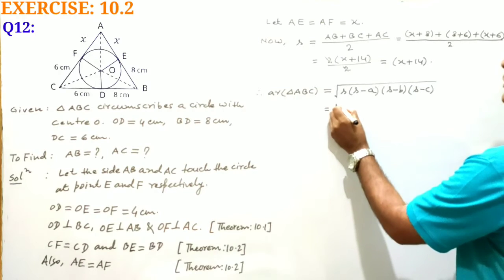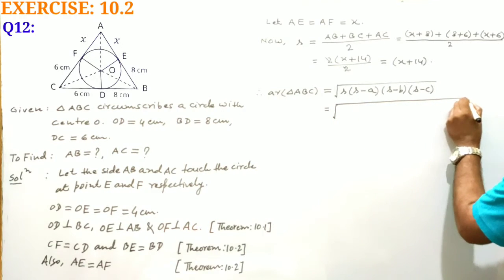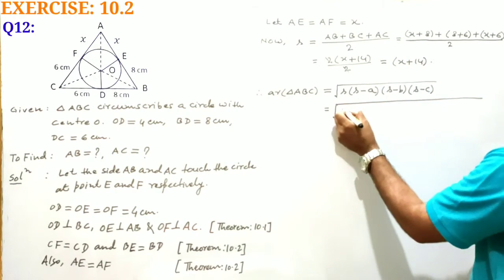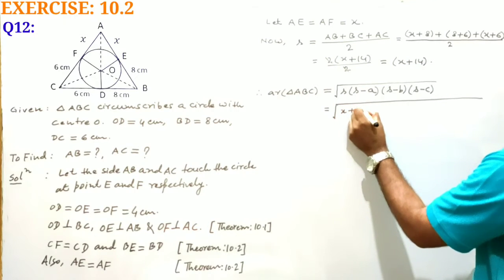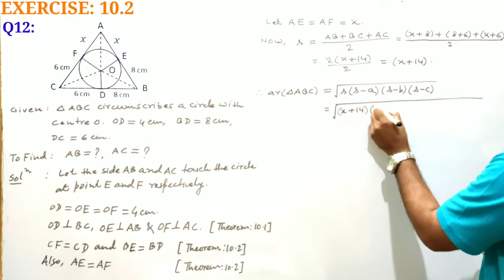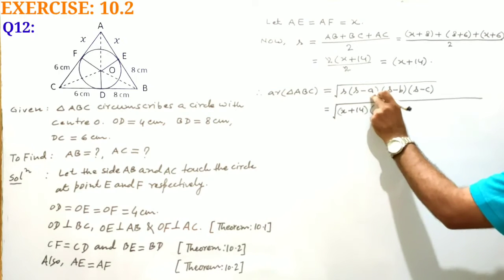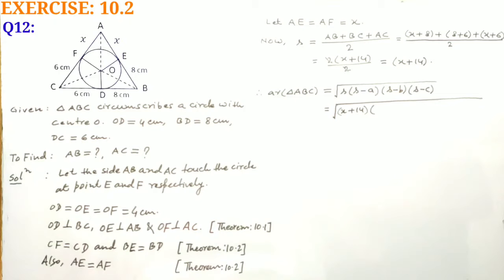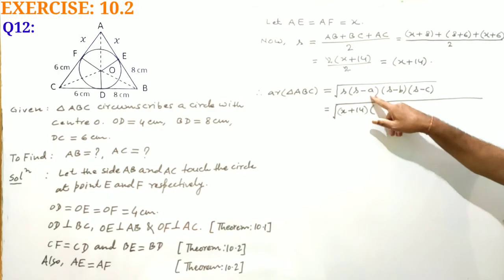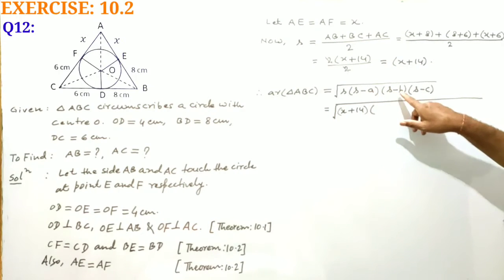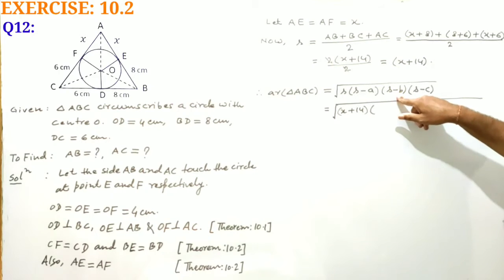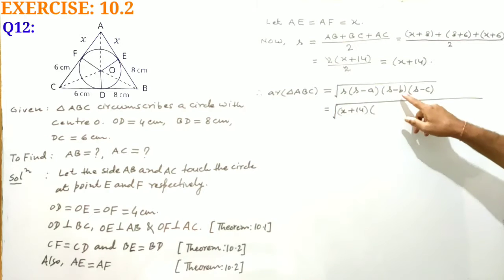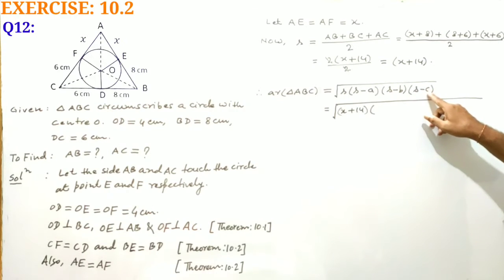Now let us put semi perimeter x plus 14. S minus A is, let us say, side AB, B is length of side, let's say AC, and C or maybe BC, and C denotes the length of side AC.